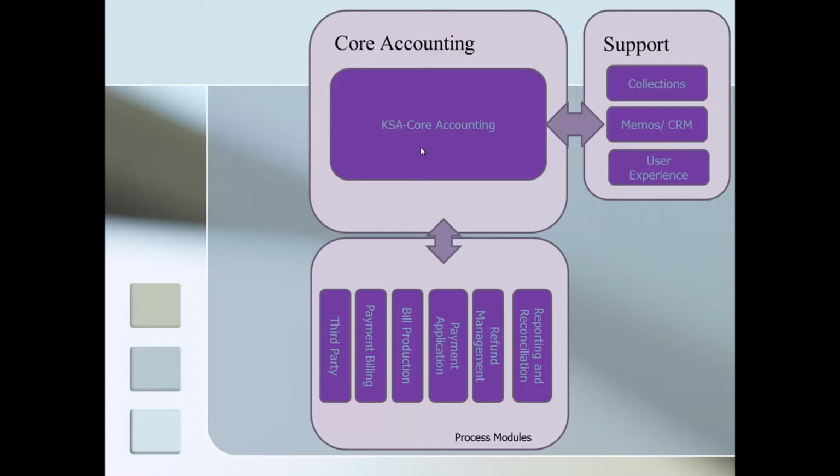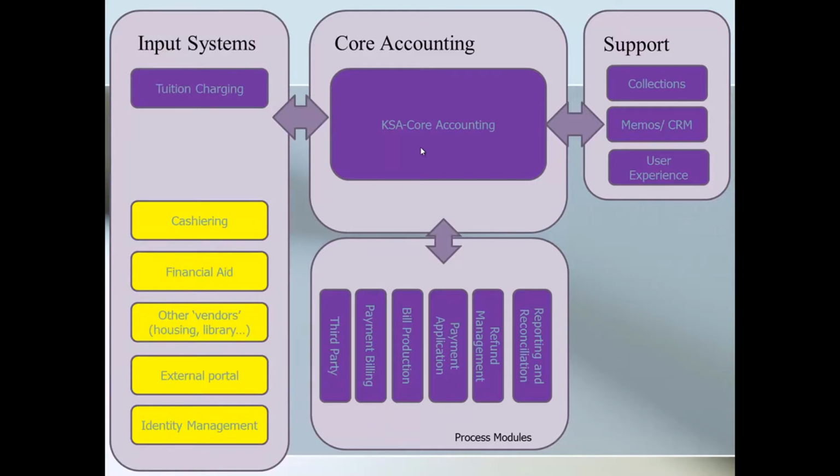We have several support modules that don't really affect the accounting of the system, but really assist the user. A smaller collections module that assigns students and records which collections agency they may have been assigned to. A memo-based or a CRM-type system that lets you keep information on the student account. And then obviously the user experience that the user connects to the system through.